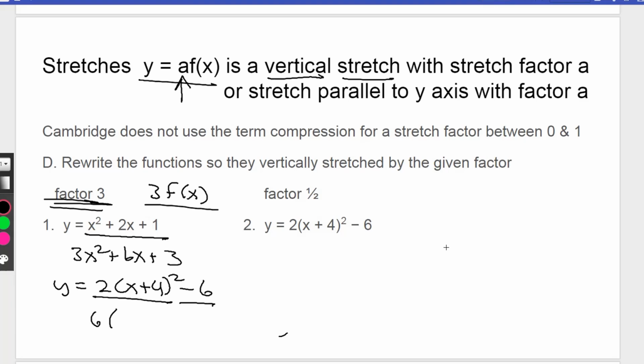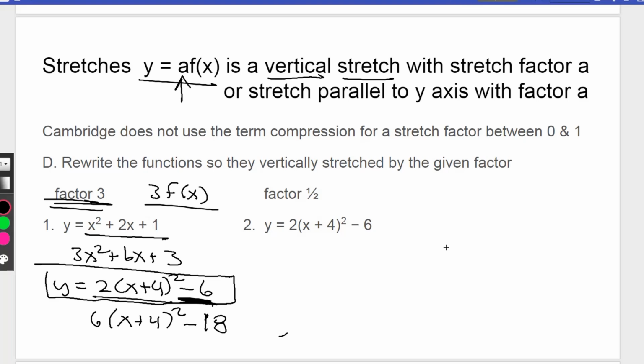So this is going to end up looking like this, and then it's going to be minus 18. But a very common error is for people only to multiply the first one by the 3 and not multiply everything by the 3. So the negative 6.